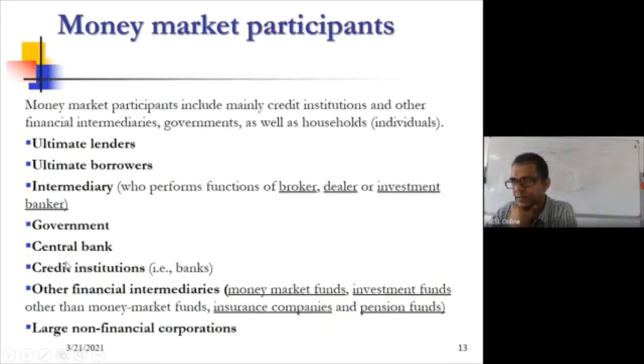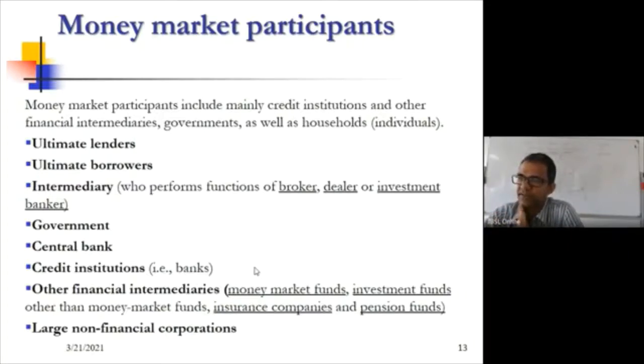Central banks do not borrow to fund the central bank balance sheet, but to maintain the liquidity in the market. So therefore, the central bank may borrow funds from the market or lend funds to the market. Then the credit institutions, that is banks and other financial institutions, give loans to customers and corporates.